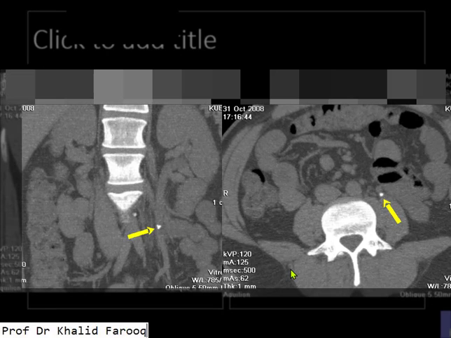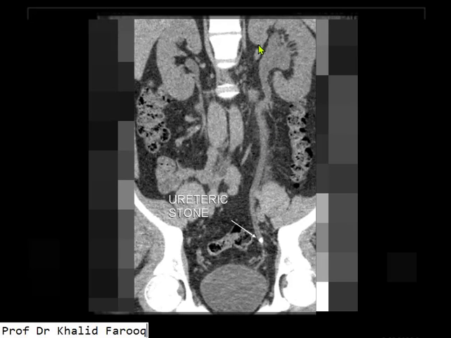Another case we can see the left kidney, mild dilatation of the left upper ureter, and there is a partially obstructing calculus in it. Another example we can see, this is the left kidney, right kidney, left renal pelvis which is mildly dilated, left ureter is dilated as well, and there is a tiny calculus leading to a mild degree of hydronephrosis and hydroureter.